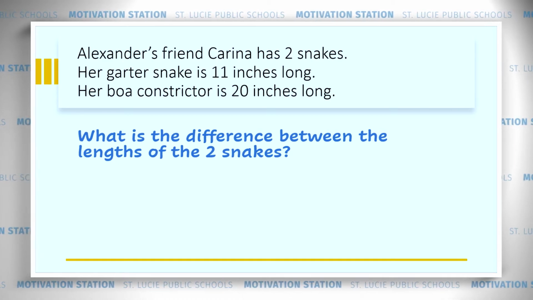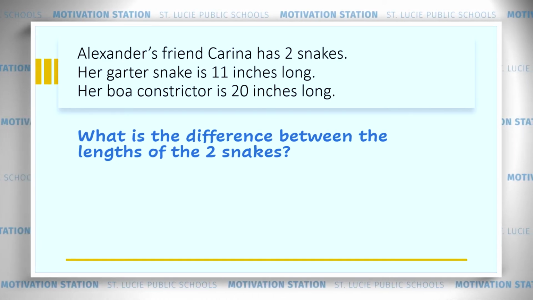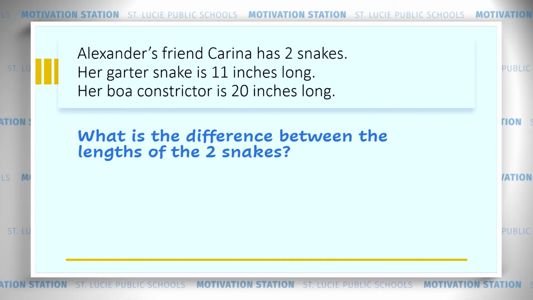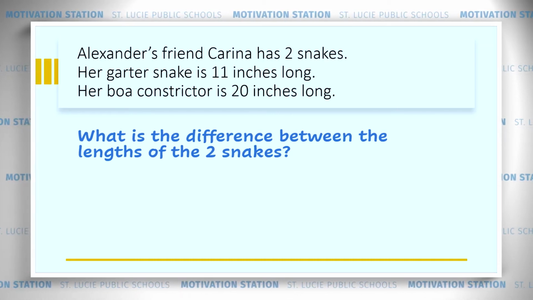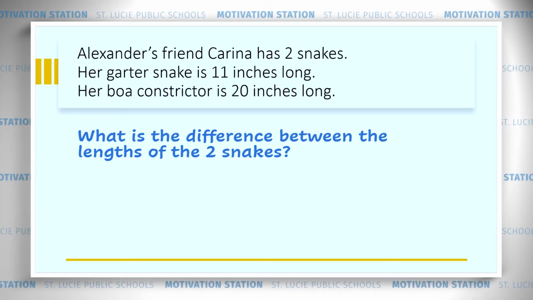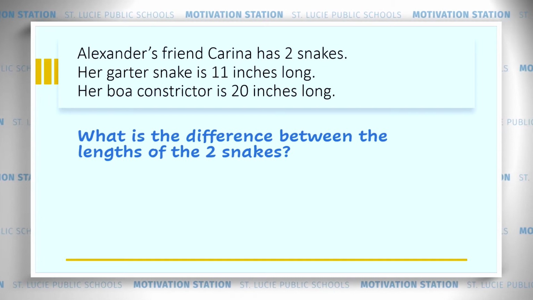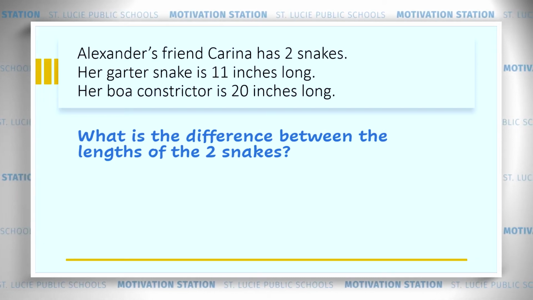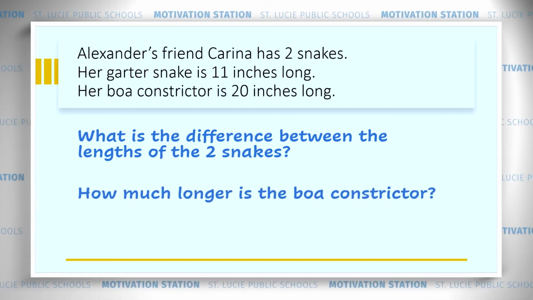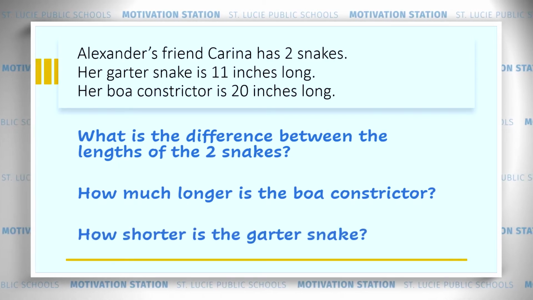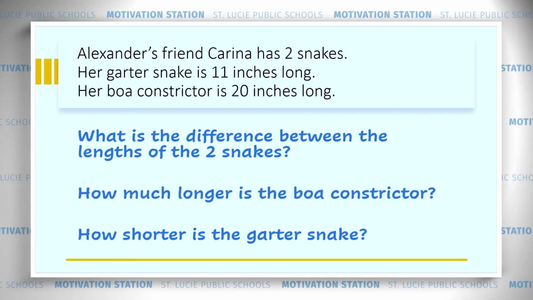Good job. Now for length, we talk about something being longer or shorter. Can we come up with a question that uses the word longer or shorter? If you said, how much longer is the boa constrictor, or how much shorter is the garter snake, you got it.